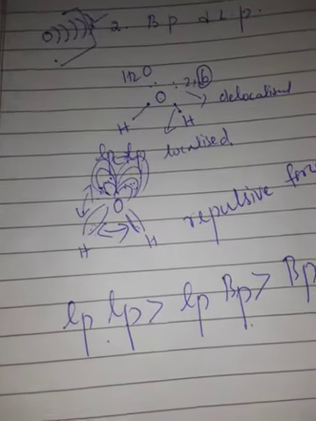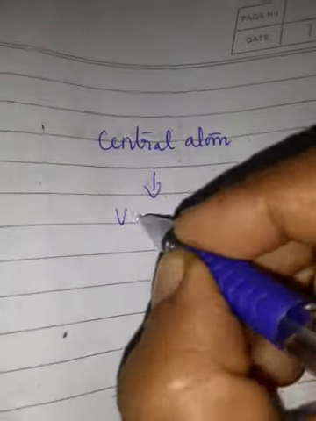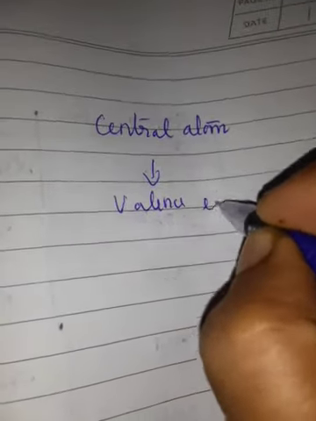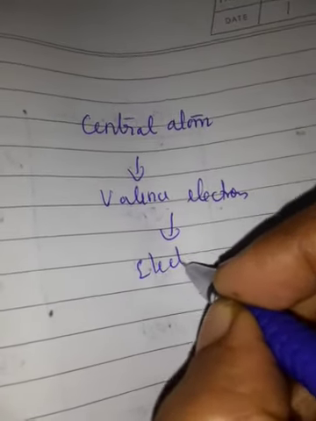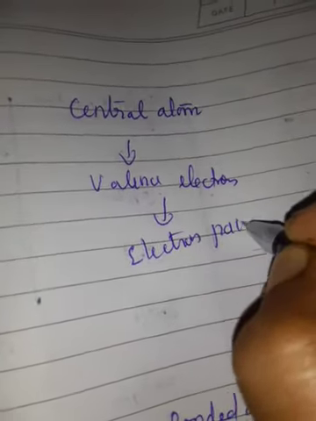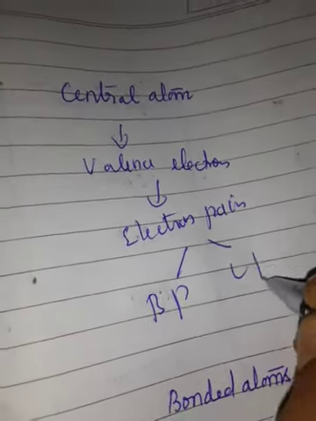Based upon that, to explain the VSEPR theory and predict the shape, we have to keep in mind that a central atom is involved, which is kept in the middle. Then, depending upon the valence electrons, there are two types of electron pairs, bond pair and lone pair.